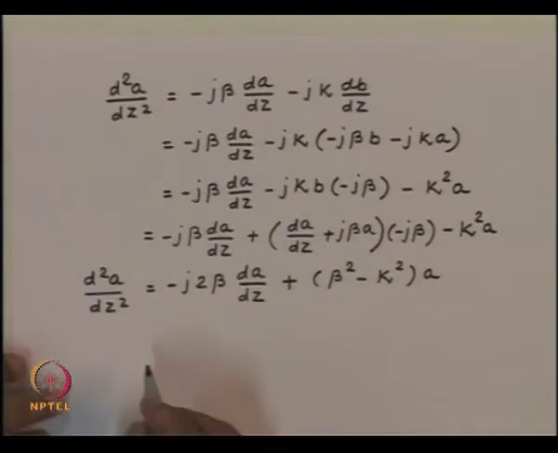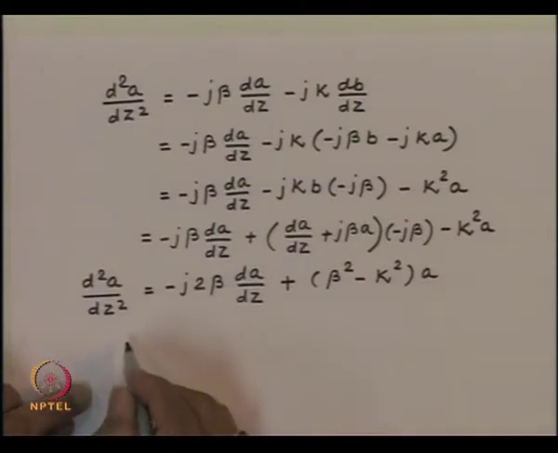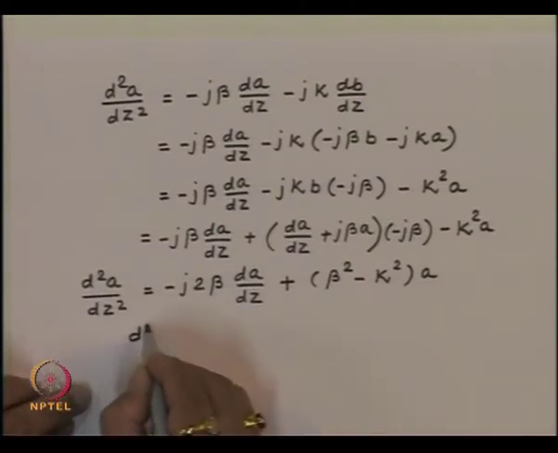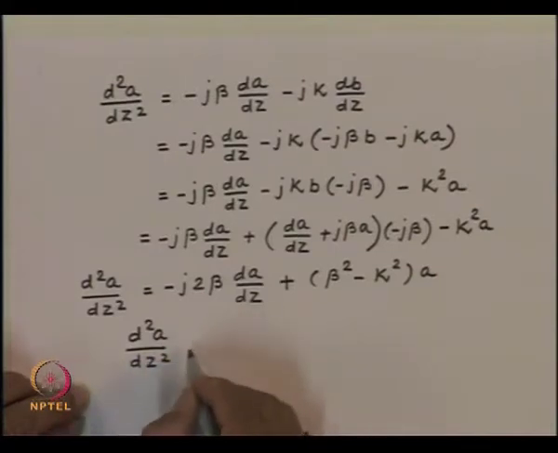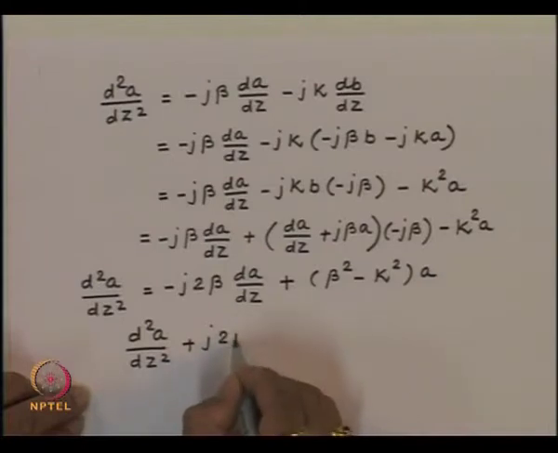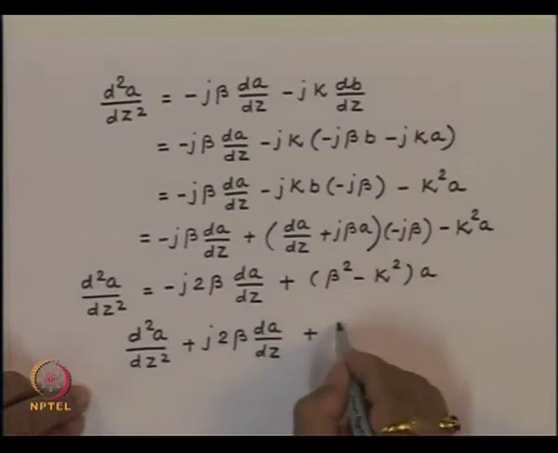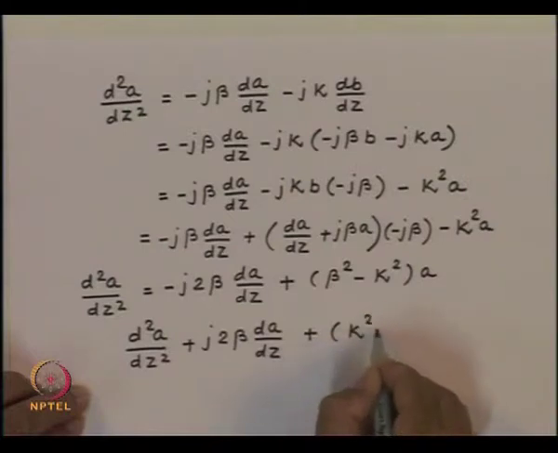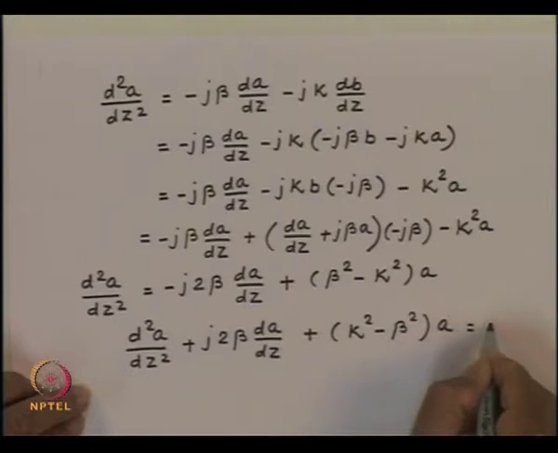Bringing all the terms on one side, essentially we get now the differential equation for A. So, this is d2A by dz square plus j 2 beta dA by dz plus, bring on this side, k square minus beta square A, that is equal to 0.